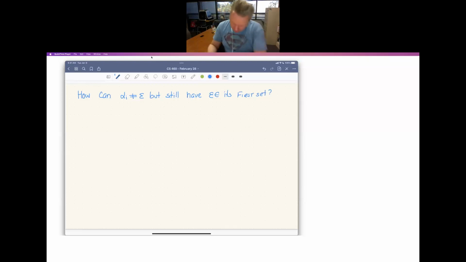So we're going to need something that looks like this. And what goes here cannot be an epsilon. I'm going to put an alpha there. And I'm going to say alpha is not equal to epsilon. But epsilon is in the first of alpha. So can you give me a value, or can you give me something for alpha and maybe some other stuff that will make that all be true?